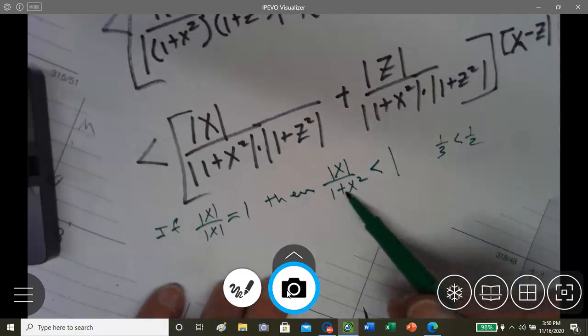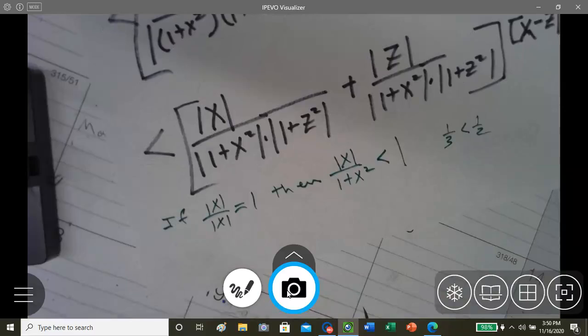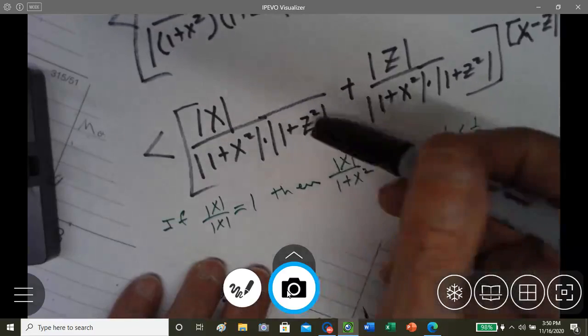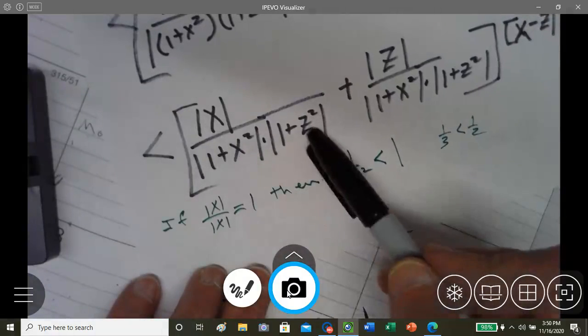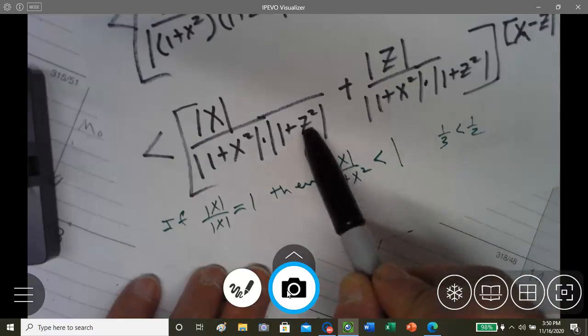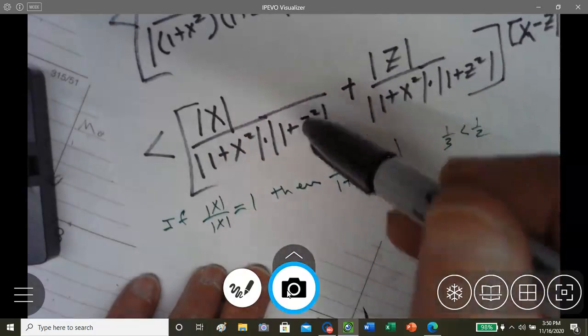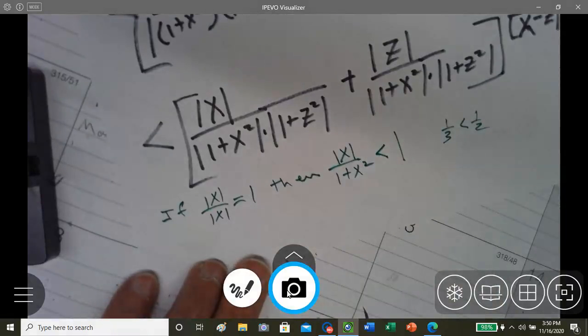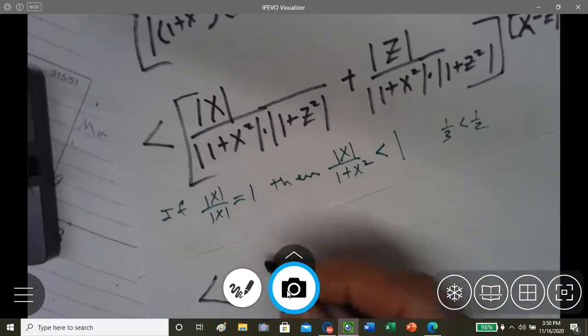So the larger the denominator, the smaller the number. So if we drop the z squared, we're saying that this expression is less than the absolute value of x over 1 plus x squared.